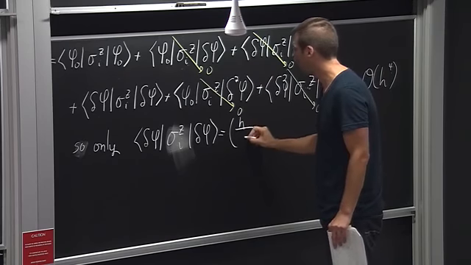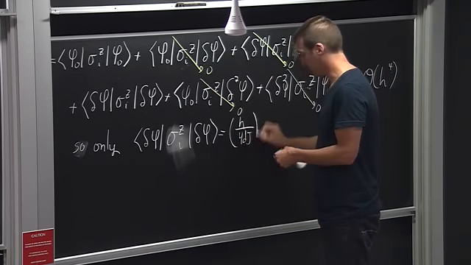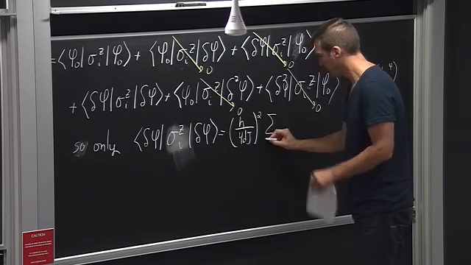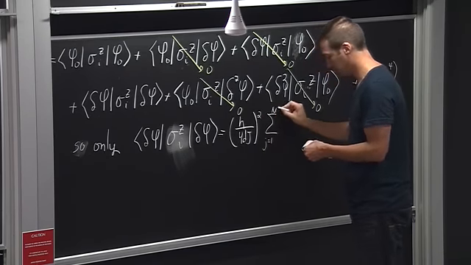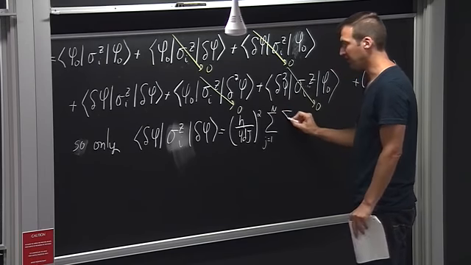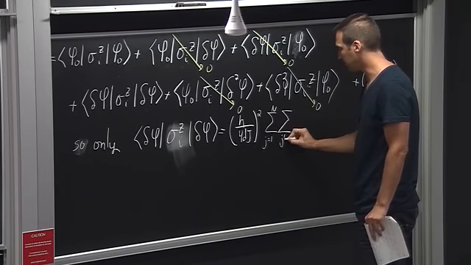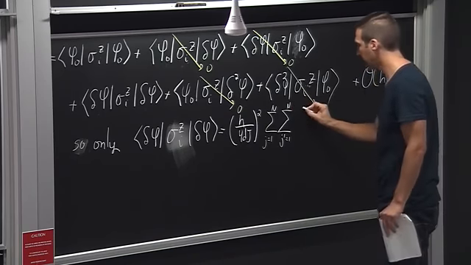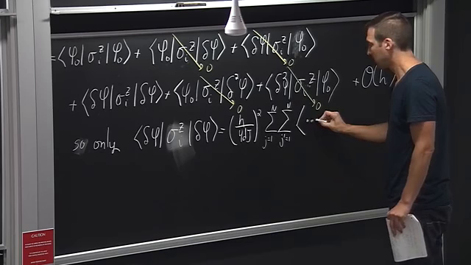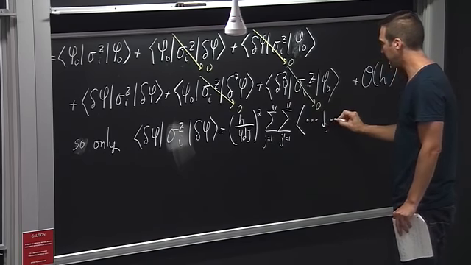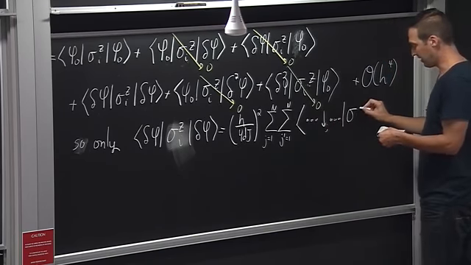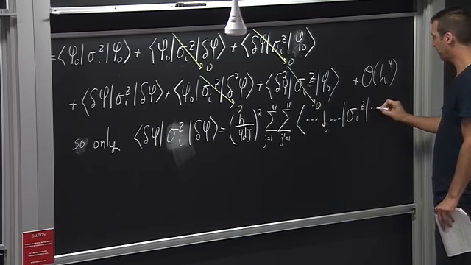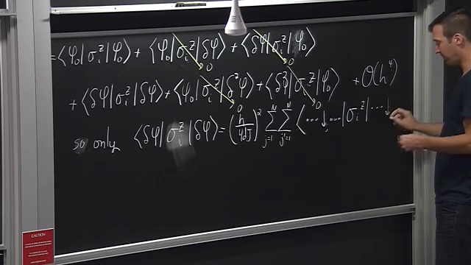It's h over 4 dj squared, double sum. Let's see, I have an I in there, so I've got to be careful. I'll call them j and j prime. This is spin j flipped, sigma I. And this is j prime flipped.